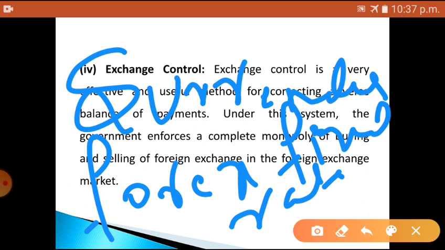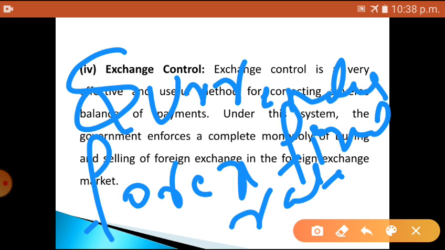Exchange control means the government will tell the exporter to surrender all foreign exchange to the central bank. The central bank will limit the imports. How much imports they want, that much only they will import. They will keep the reserve of that foreign exchange for future purposes. The exporters will sell their foreign exchange only at the fixed rate.